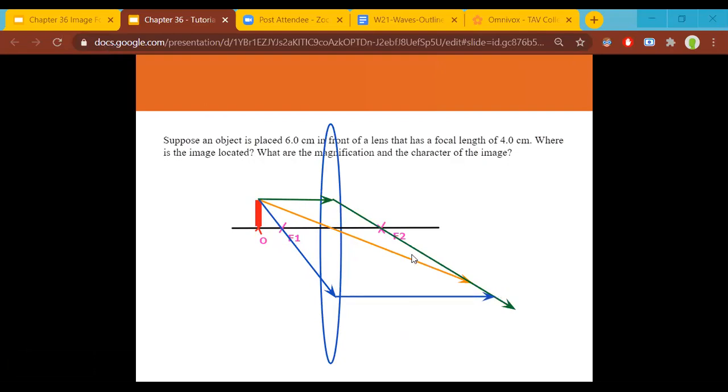And where the lines meet is the point where the image is located. So somewhere around here, the image is made, and you can see then that the image is in fact upside down. And it's actually magnified.